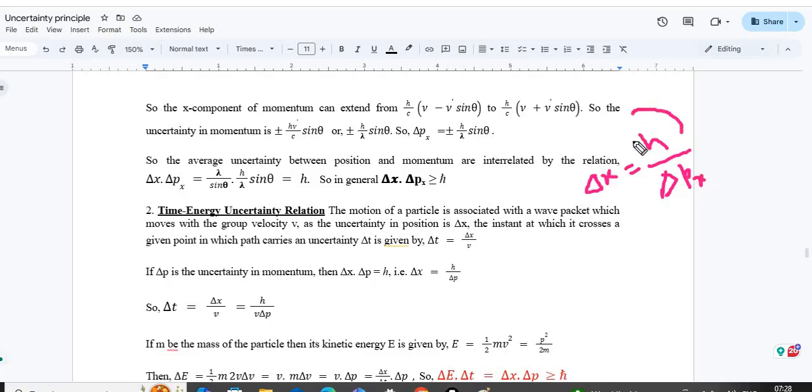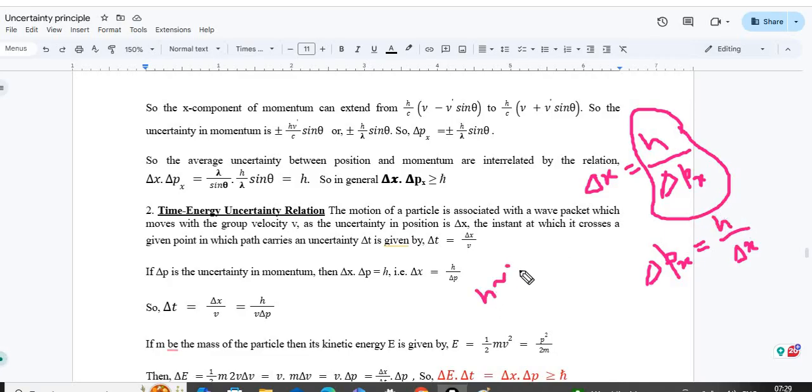So this cannot go beyond this particular value, and the same thing is applicable for the momentum. So delta px is equal to h divided by delta x. And remember, the value of h is in the order of 10 to the power minus 34.